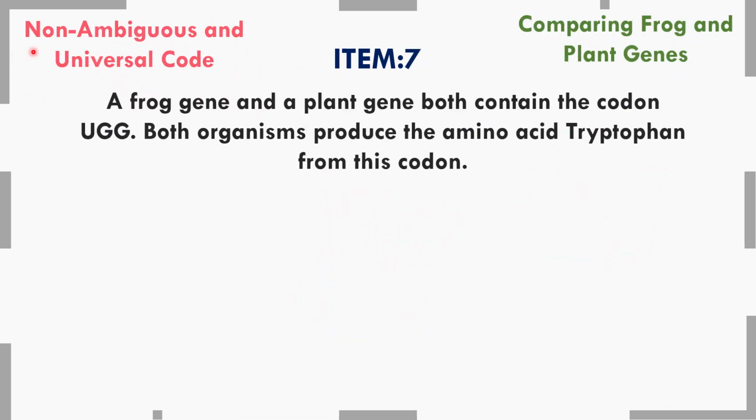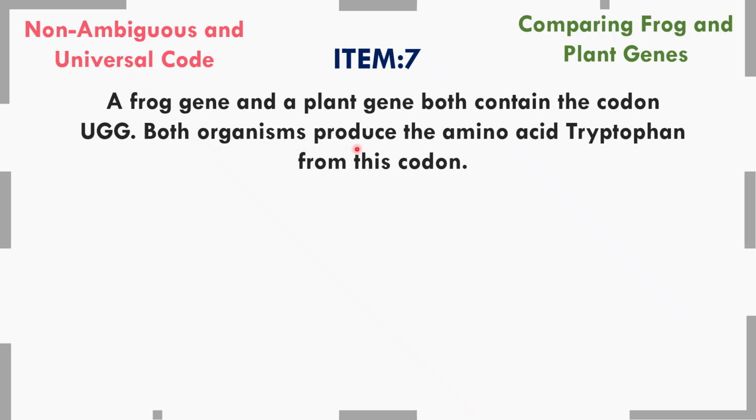Let's now look at the non-ambiguous and universal code. We are exploring, comparing the frog and the plant genes. Item 7. A frog gene and a plant gene both contain the codon UGG.